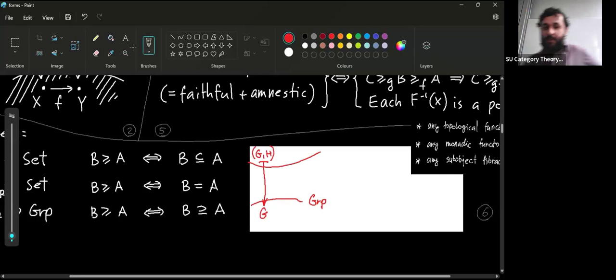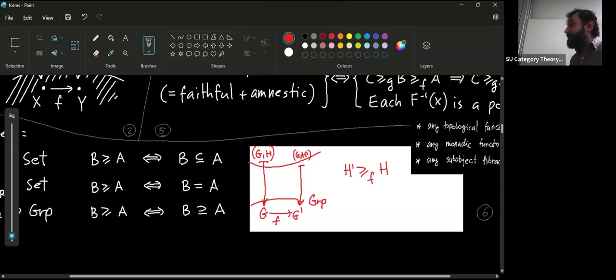So we get pairs. What are arrows upstairs? A group homomorphism that maps a subgroup into the subgroup in the other one. So if I have groups G and G prime, and I have a group homomorphism F, and if I have H, a subgroup of G, and H prime, a subgroup of G prime, then I can ask whether in my notation H prime is bigger or equal to H along F. The answer to that question is yes whenever F of H is a subgroup of H prime.